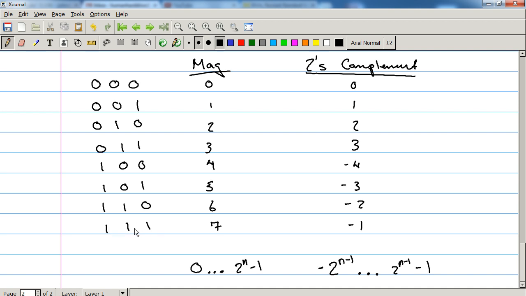If you're looking at this as a 2's complement binary sequence, you're going to see this as negative 1. So it's all about what you look for. I'm going to give you problems with this, and you should obviously know which is which. I'm going to tell you that this is a magnitude, this is a 2's complement, work with that. I'm not just going to leave you not knowing what's what.